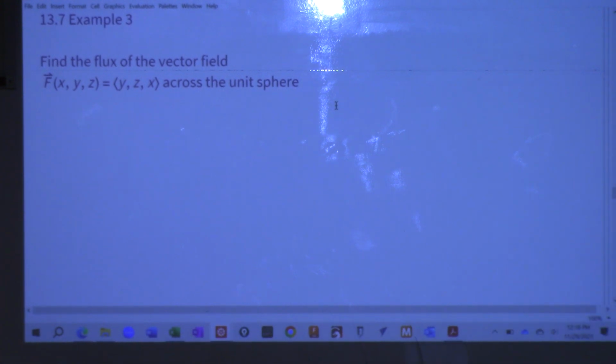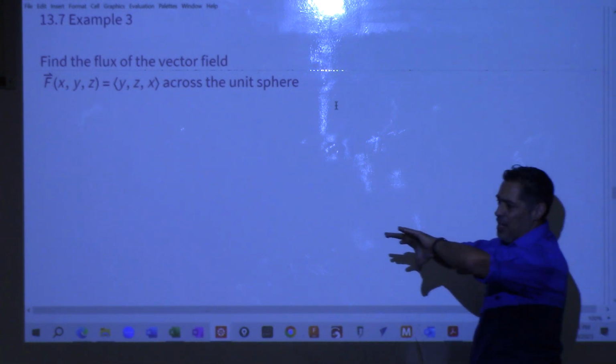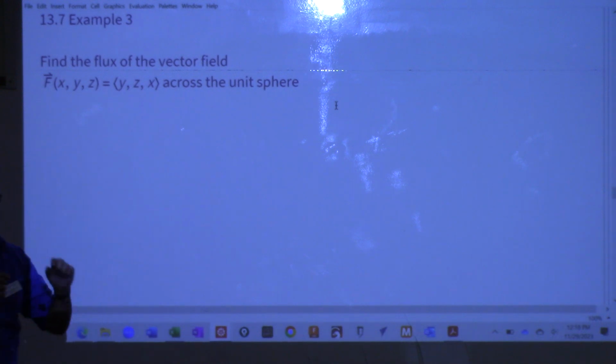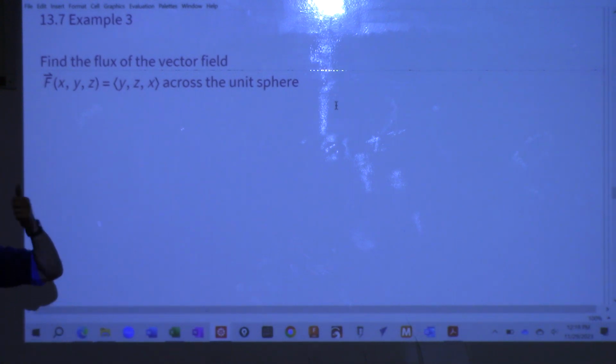All right, find the flux of the vector field across the unit sphere. So we have the entire sphere. Imagine on this sphere, at every point on that sphere, you have a vector from the field.